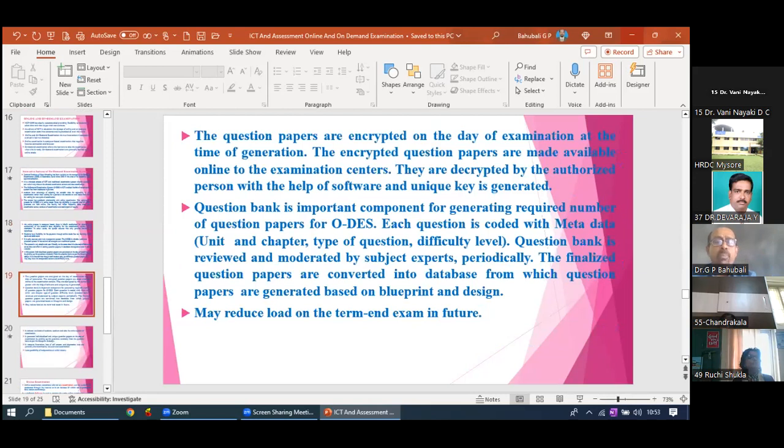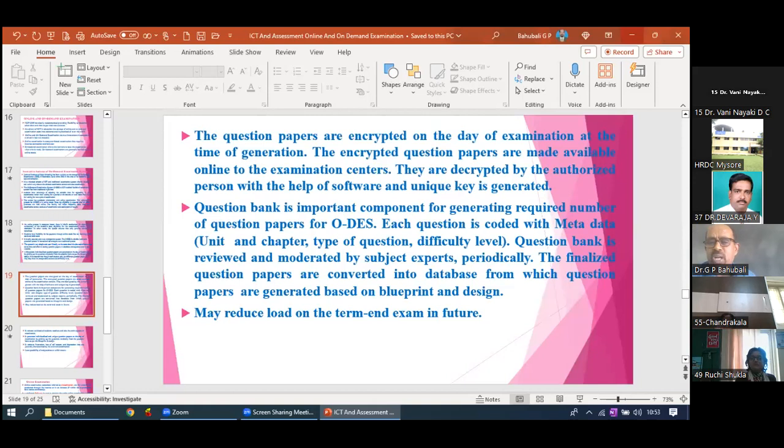The question papers are encrypted on the day of examination at the time of generation, and the encrypted question papers are made available online to the examination center. They are decrypted by the authorized person with the help of software, and a unique key is generated.